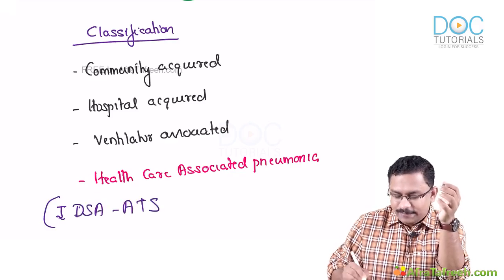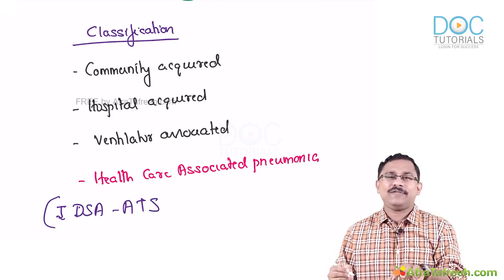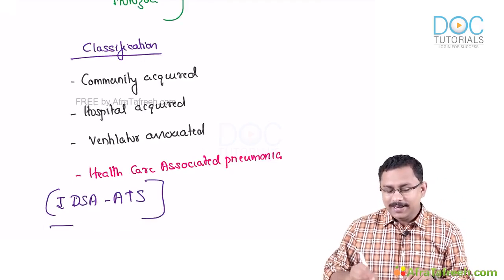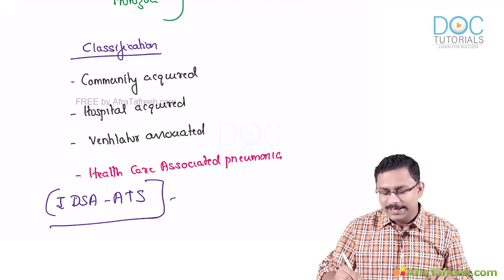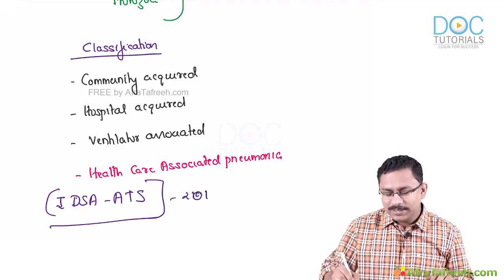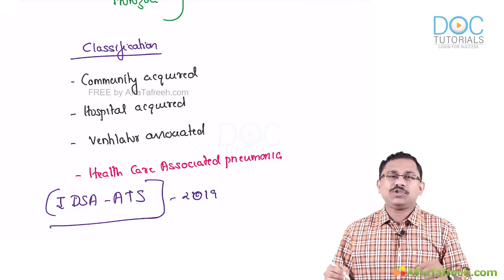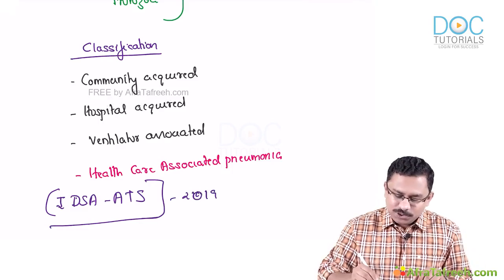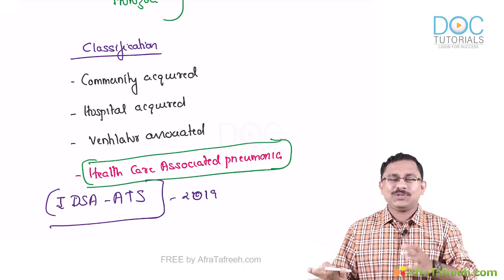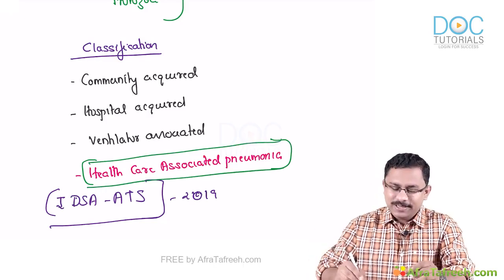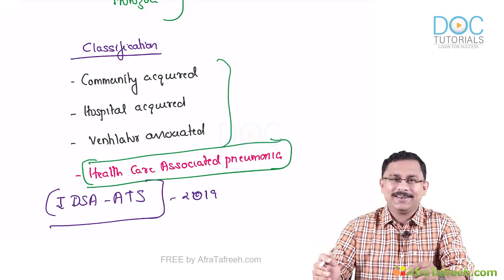So IDSA is the Infectious Disease Society of America, and the American Thoracic Society. They issued a combined guideline in 2019, and in their position paper, they said that the use of this term healthcare associated pneumonia should not be there. So this term was actually taken off. So as of now, we have these three entities.